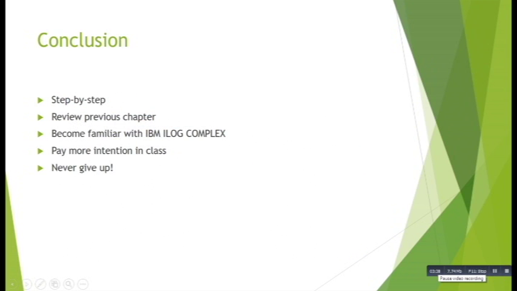In my conclusion, I want to advise you to always do it step by step and don't skip any step. You have to read from the beginning to the end of the course, and don't skip anything. If you don't know how to do it, just review the previous chapter to get more understanding about the course. After doing this several times, I became familiar with the IBM.